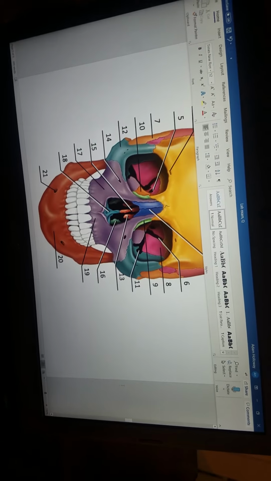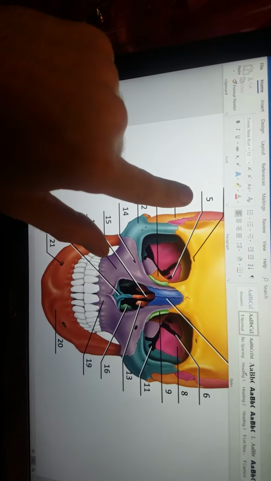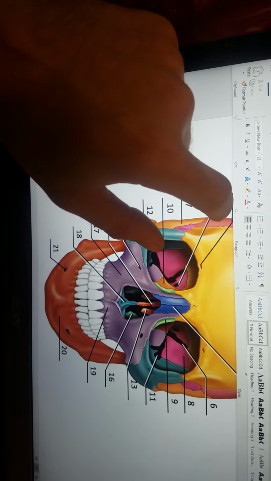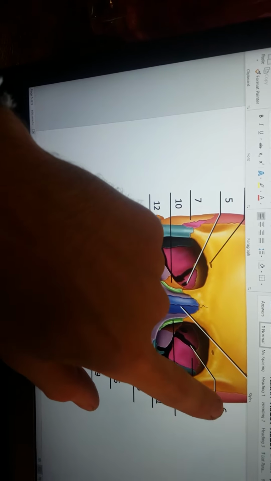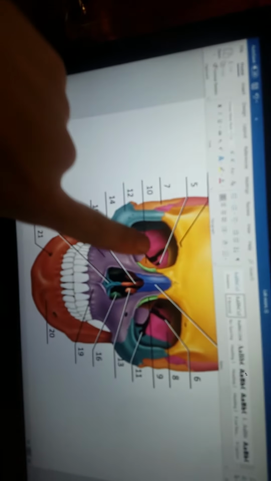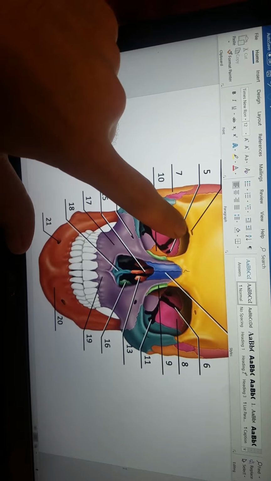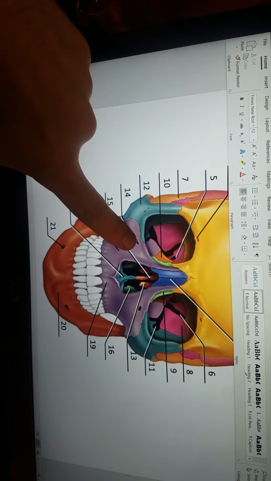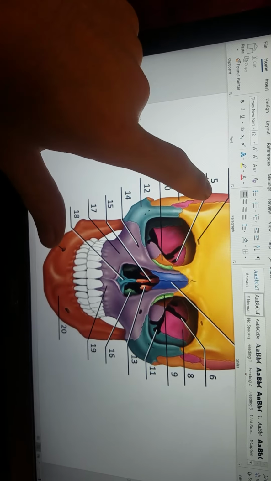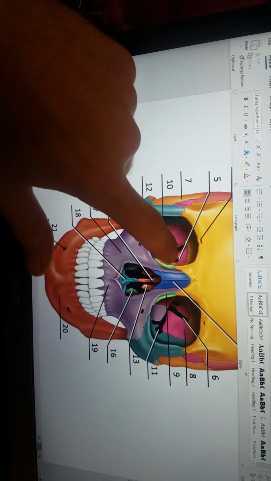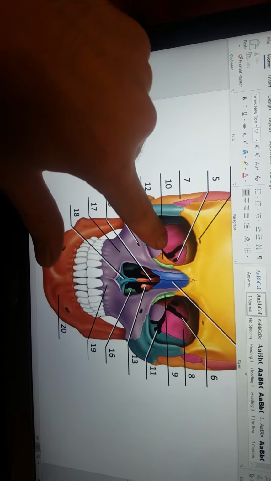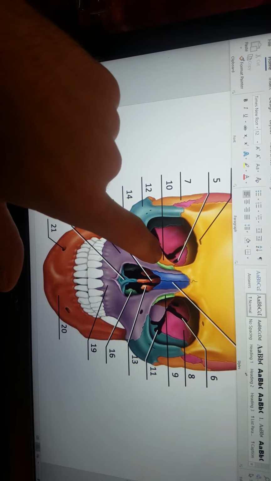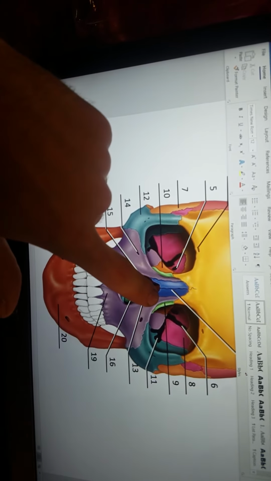So the frontal bone, the temporal bone, this is the parietal bone in red or pink, and this is the supraorbital foramen, and this is the infraorbital foramen, and 5 is the optic foramen, and 10, that is the ethmoid bone, and 9 is the lacrimal bone.